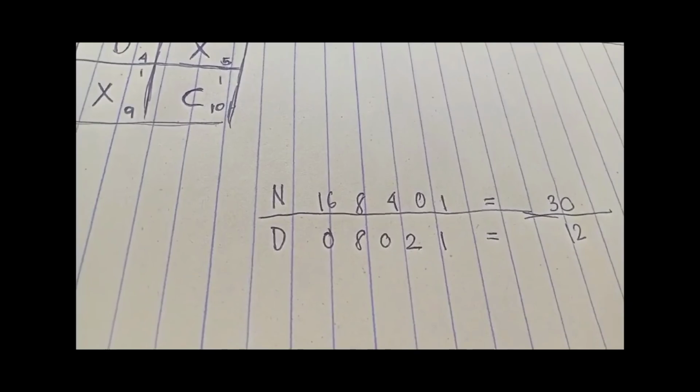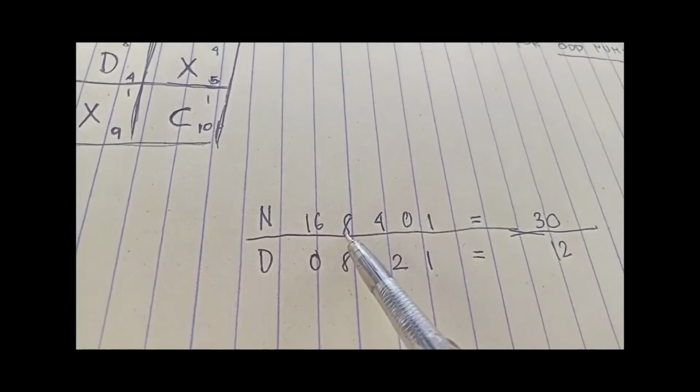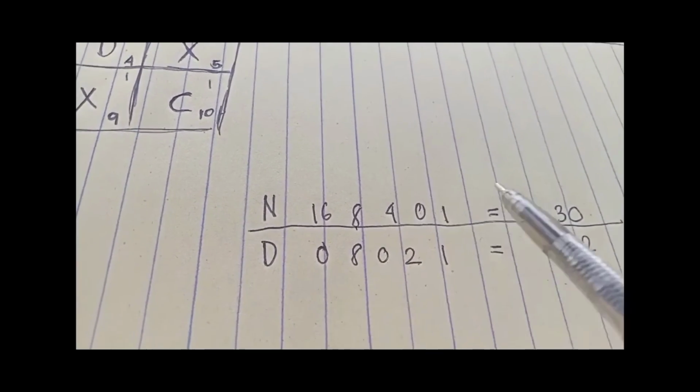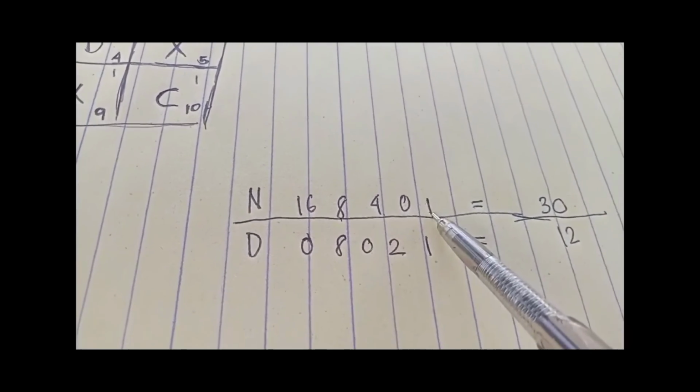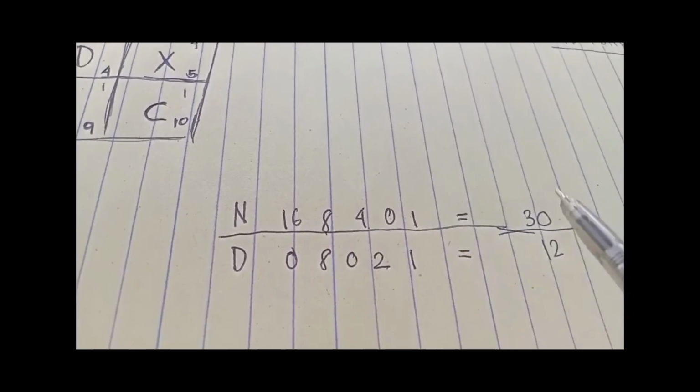Next, we will total all the values that we have. So 16 plus 8 equals 24, plus 4 equals 28, and plus 1 equals 29. But always remember, whatever the result, we will add 1. So it is equal to 30.